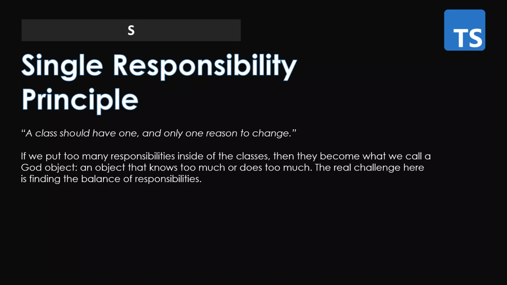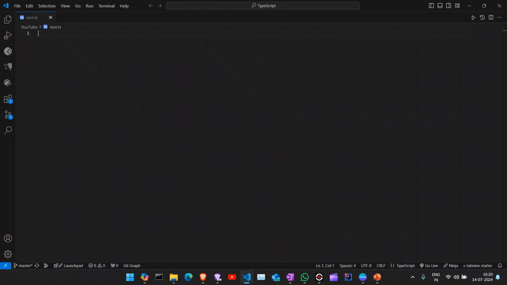Now for login you have to go to the same class, and for some small name change you have to go to the same class. This is a bad practice, and in order to prevent this, we use the single responsibility principle. Alright, so let's move on to our IDE and see how this works.